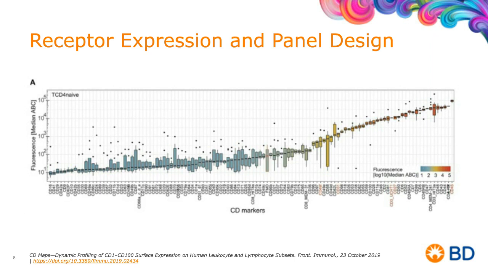And they looked for the corresponding expression of the number of ABC units or receptors on each one of those. And they looked also for where those CD1 through 100 are expressed on different cell types. Because it is that information, if we just look into the databases, it tells us what's on what type of cell and how much is expressed on each cell.